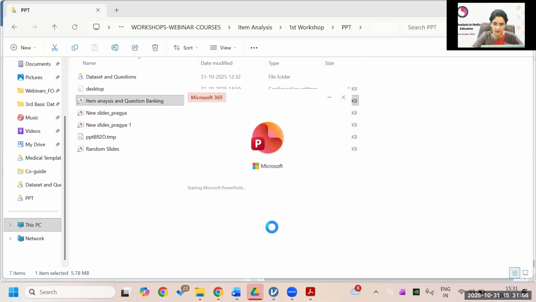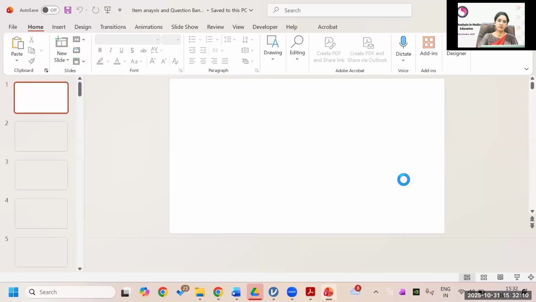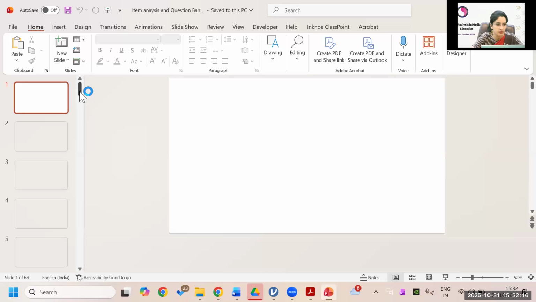So in the first breakout room, practice up till this point, and then we will go to the next demo where I will show you more of analysis. First, I will again show the levels, discrimination index, and what is the acceptable level.